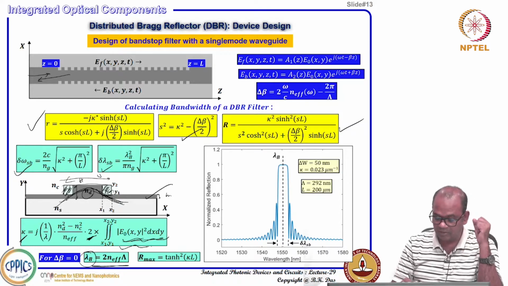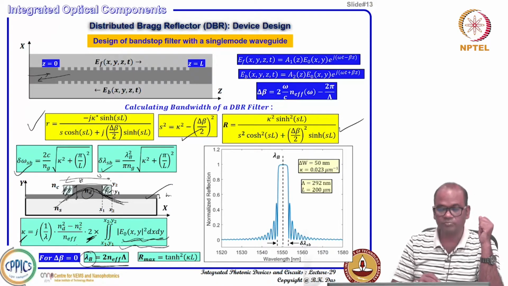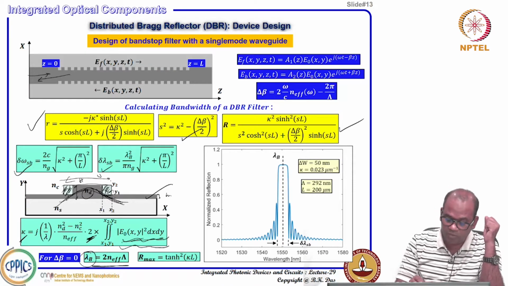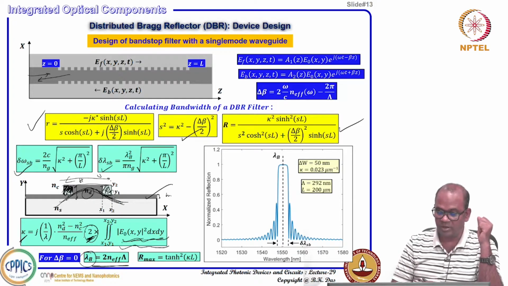If I calculate one side, x1 to x2, y1 to y2, then you are calculating kappa for one side, and a similar kappa you get on the other side, that is why 2 times comes. If it is only one-side perturbation, with this side completely filled, then you do not need to write this 2, just one side.